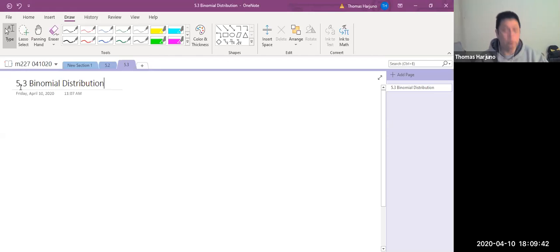Okay, now, before we really go into what is binomial distribution and the examples of binomial distribution, let's see first how do we know that an experiment, a random variable, satisfy binomial distribution rules? Now, I quote this from our textbook. Give me a second. I copy paste that.